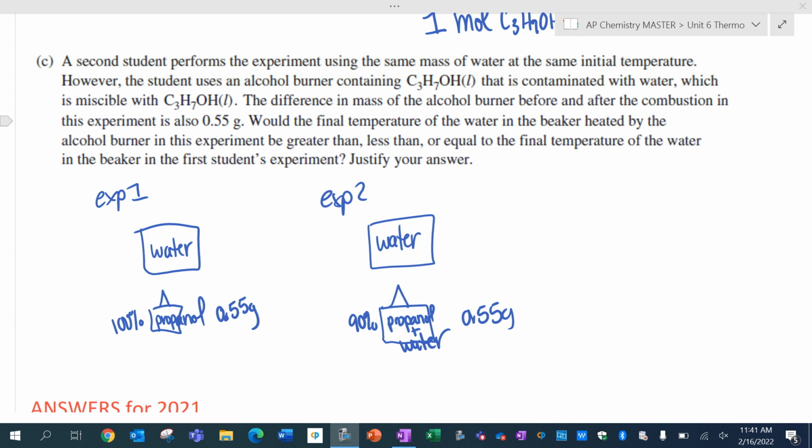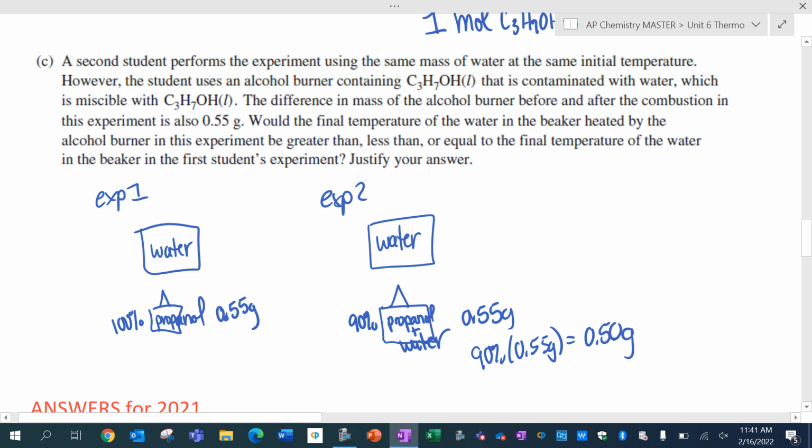So we're still losing 0.55 grams of mass there, but it might be that some of this is actually just water evaporating. So if only 90% of your sample is propanol, that would mean that 90% of 0.55 grams, for example, only 0.5 grams of propanol combusts.